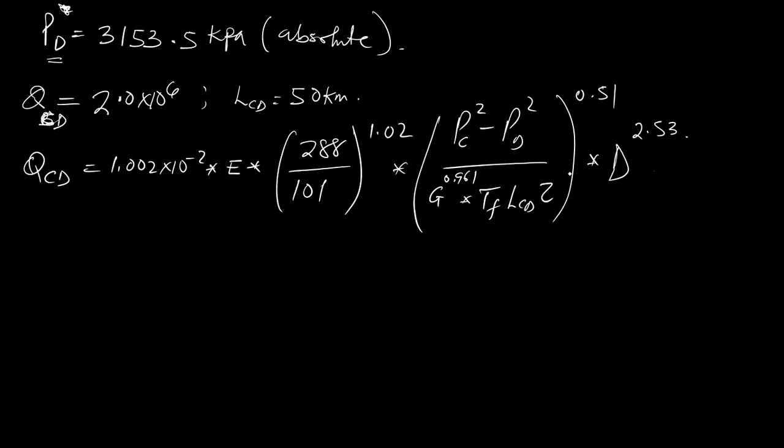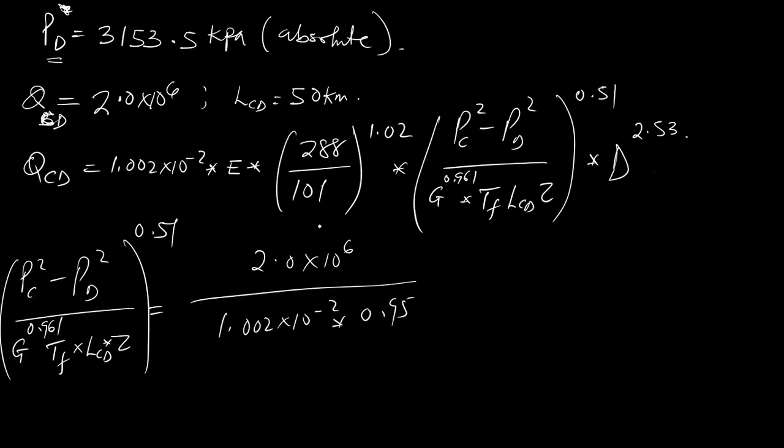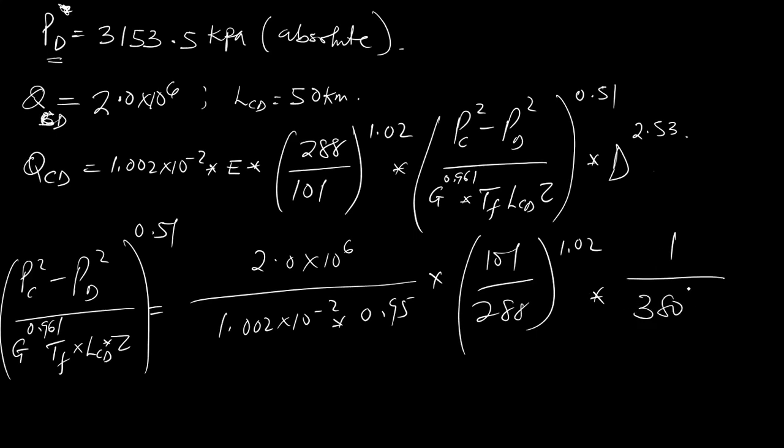So for us to make this the subject of the formula, we have PC square minus PD square divided by G raised to power 0.961 times TF times LCD times Z, all raised to power 0.51, is equal to Q, which is 2.0 times 10 raised to power 6 divided by 1.002 times 10 raised to power minus 2 divided by 0.95, which is our E, times 101 divided by 288 raised to power 1.02, times 1 all over 380 raised to power 2.53.